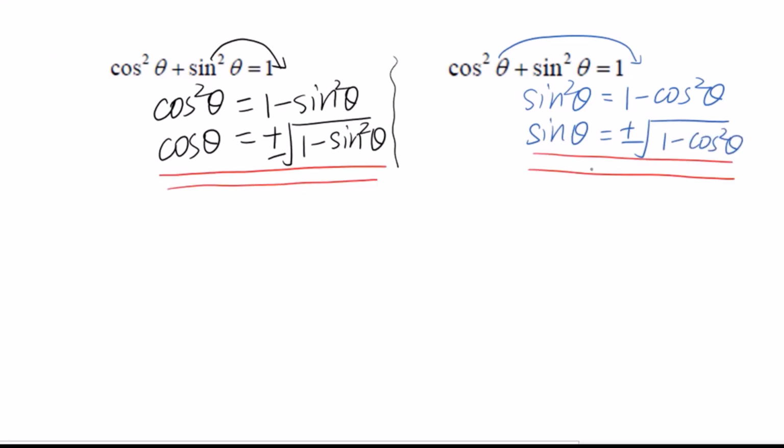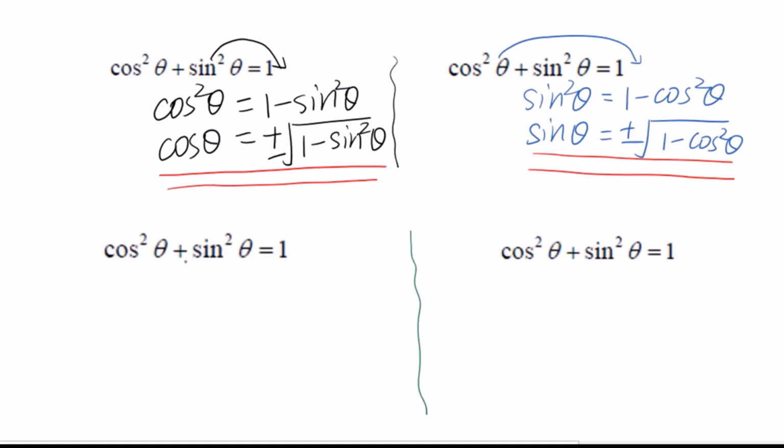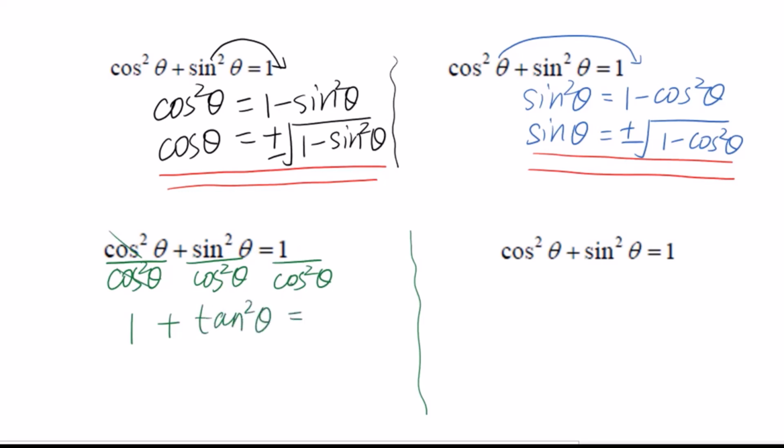These two trig identities are very important. Please remember, for this trig identity, we divide both sides by cosine squared theta. See what's going to happen. Reduce, you will get 1 plus sine squared theta over cosine squared theta, that is tangent squared theta, equals 1 over cosine squared theta, which is secant squared theta. What if this time we divide both sides by sine squared theta?